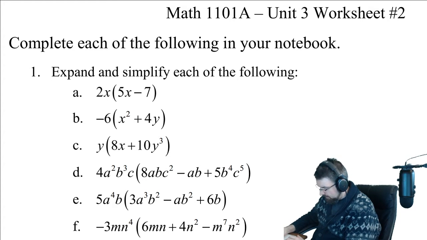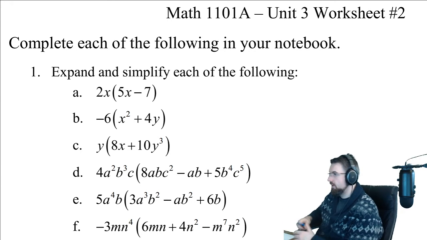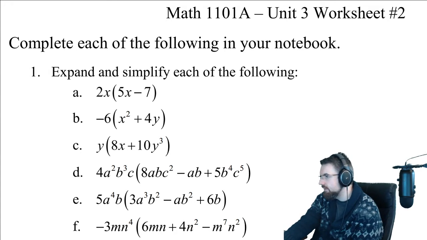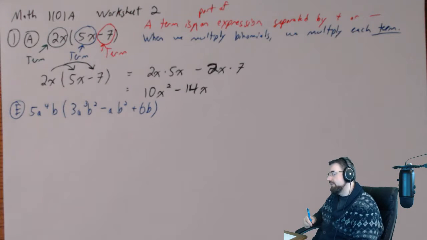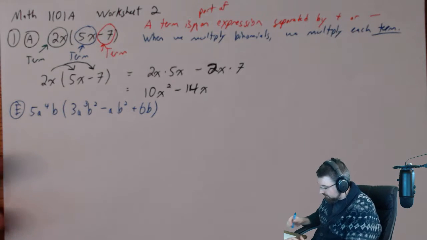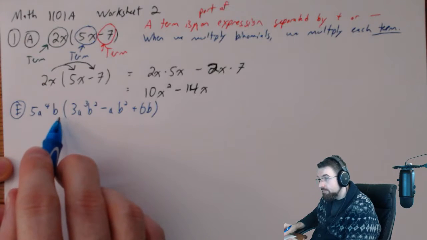So it's 5a to the power of 4 b outside of 3a cubed b squared minus ab squared plus 6b. Holy cow, that is a lot of letters and numbers all thrown in there together, right? But it's actually exactly the same as what we just saw. This on the outside is one term, right?